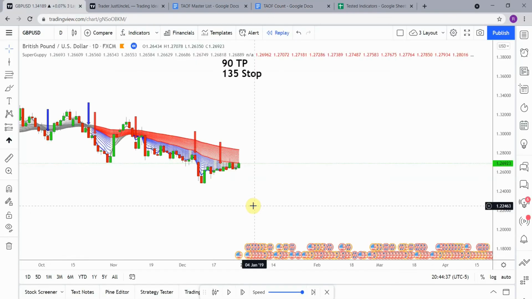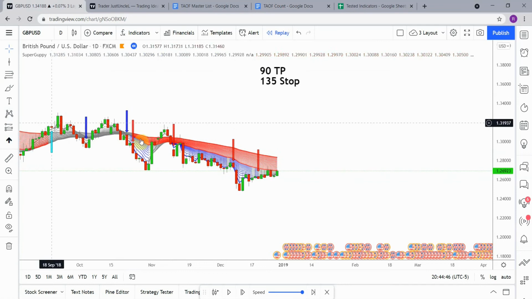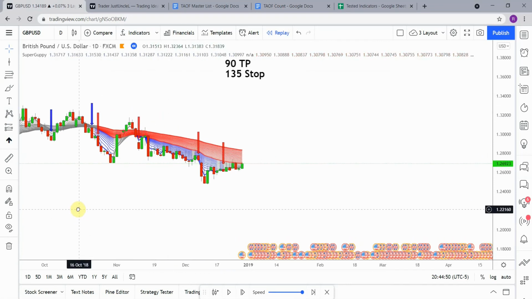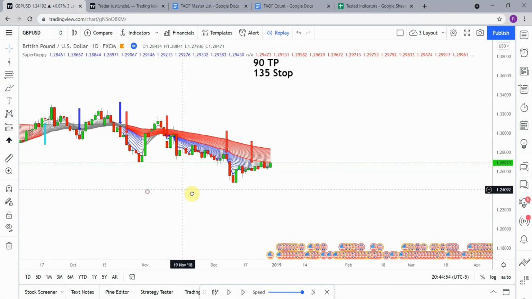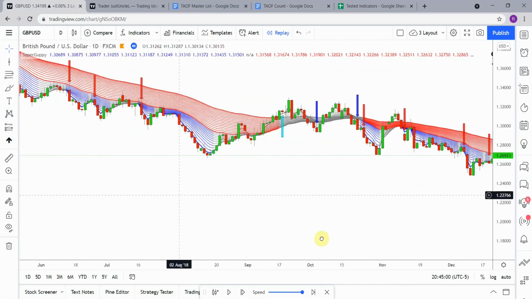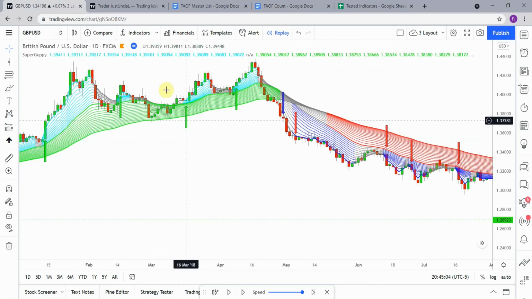Alright, so today's indicator is the Super Guppy indicator, and you can see it here on screen. It consists of quite a few different visual aspects to it, but really what we are looking for are the arrows here. We have red arrows, and then we have green arrows, like this here.